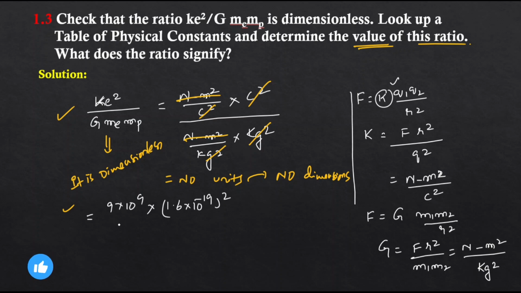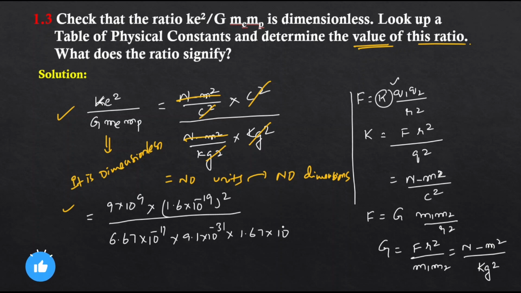So in denominator, we get capital G. The universal gravitational constant value is 6.67 into 10 to the power of minus 11 into mass of the electron 9.1 into 10 to the power of minus 31 into mass of the proton, approximately 1.67 into 10 to the power of minus 27. These are the values I substituted here.